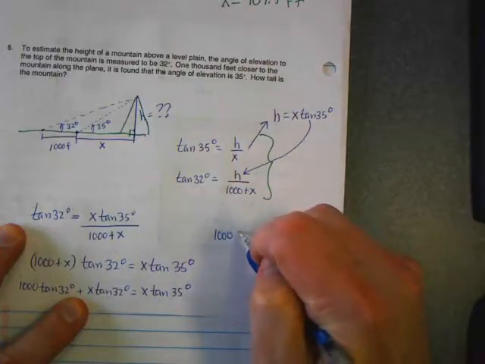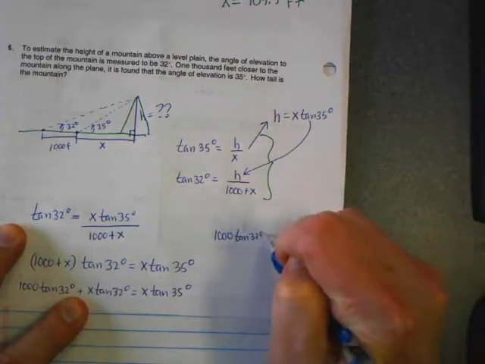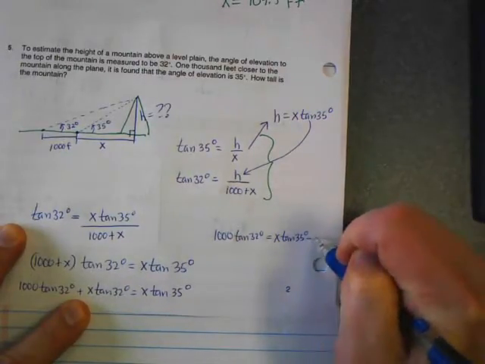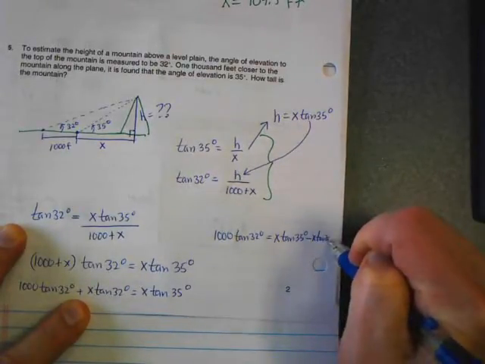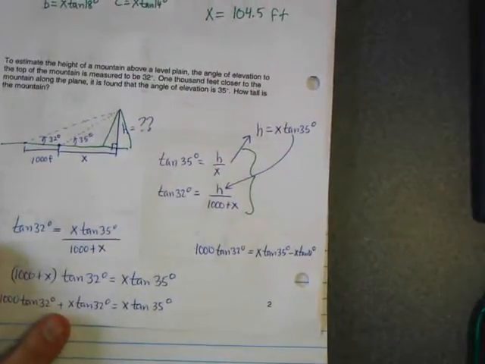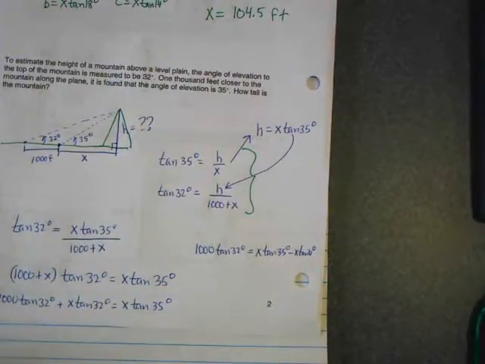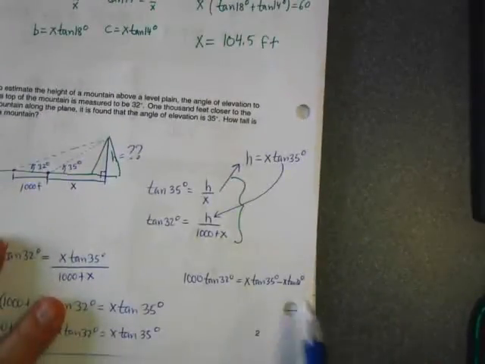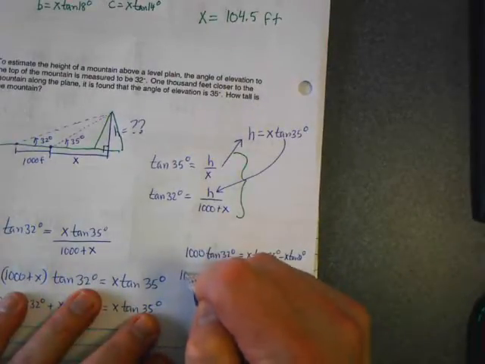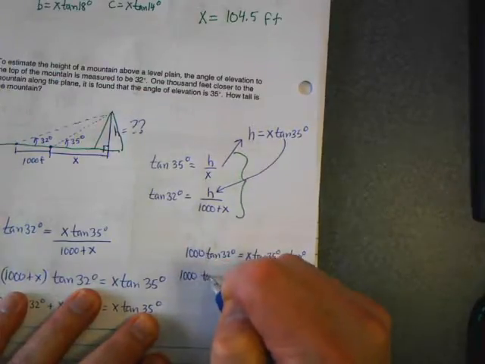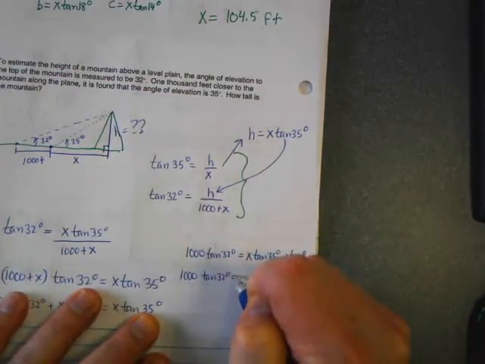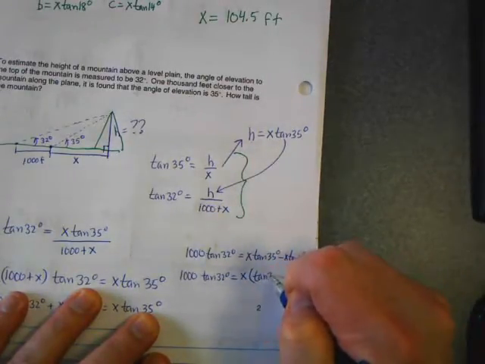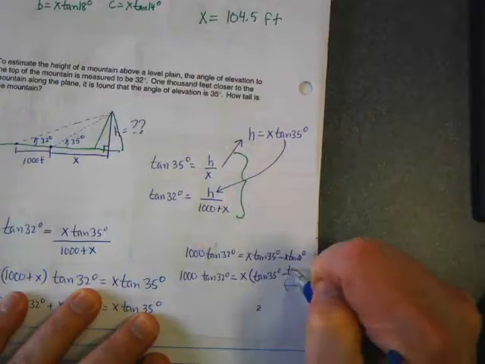I can write 1,000 tangent 32 degrees equals x tangent 35 degrees minus x tangent 32 degrees. And then it's like the problem we did a minute ago where we had an x and we factored it out. And that's exactly what we're going to have to do here. So 1,000 tangent 32 degrees equals x times tangent 35 degrees minus tangent 32 degrees.